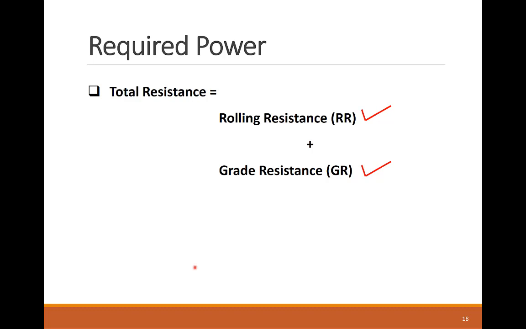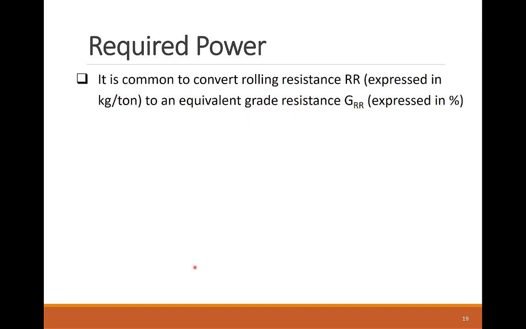So far, we learned about the separate components of the total resistance or the required power. Now let's see how to add them together. As we'll see in the next lesson about performance charts, it's common to represent the required power in an equivalent grade percentage value.